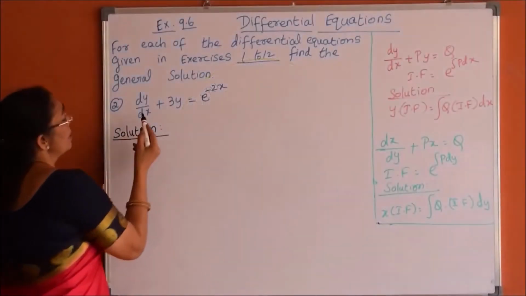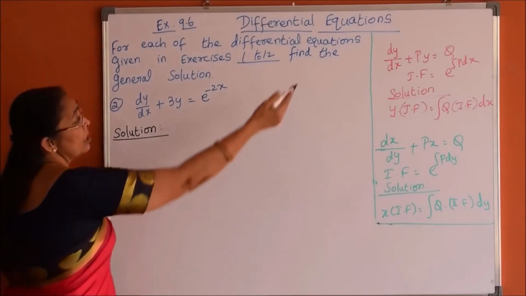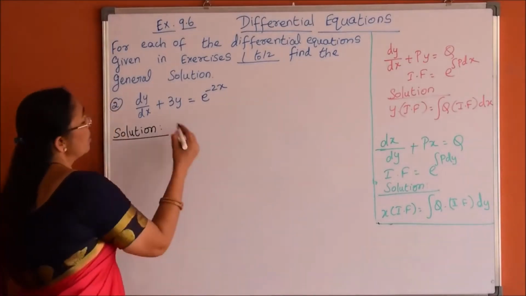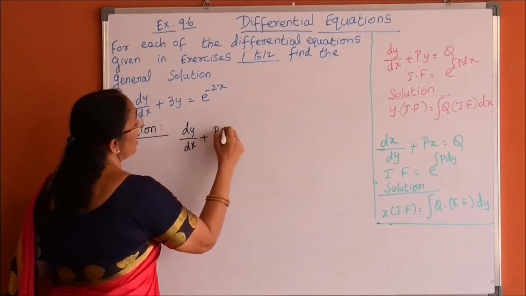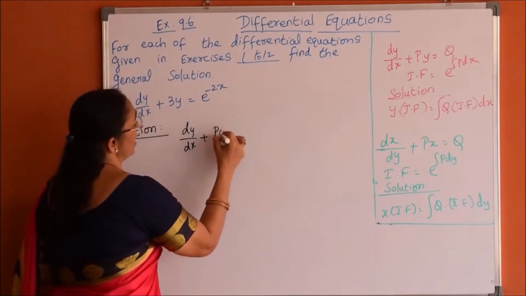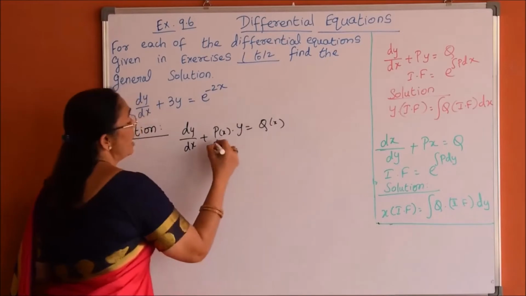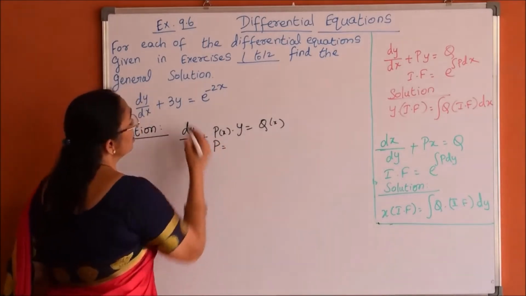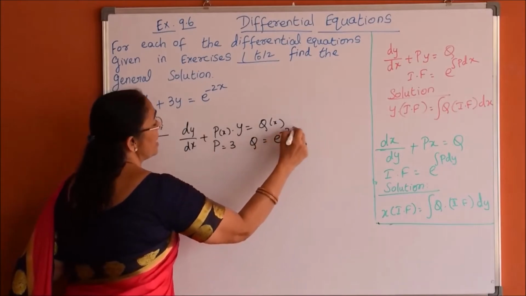Second problem, dy by dx plus 3y is equal to e power minus 2x, which is the first form. So dy by dx plus p y, p of x into y I can write, that is p is a function of x or constant, is equal to q of x form, where p is equal to 3 and q is equal to e power minus 2x.